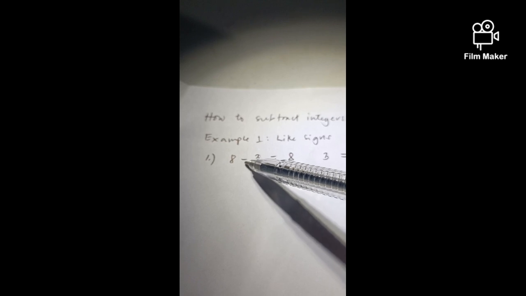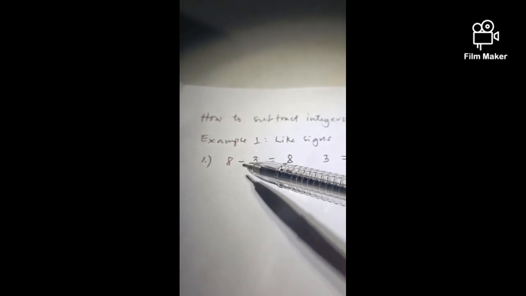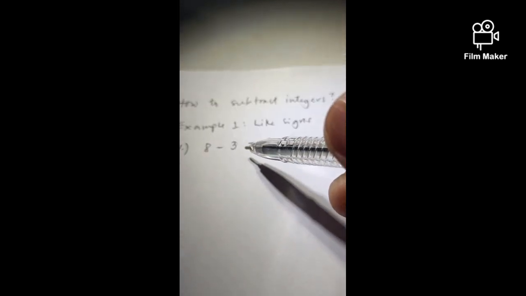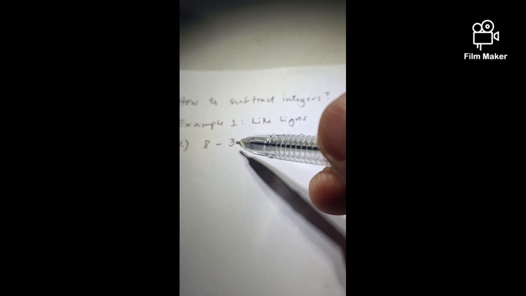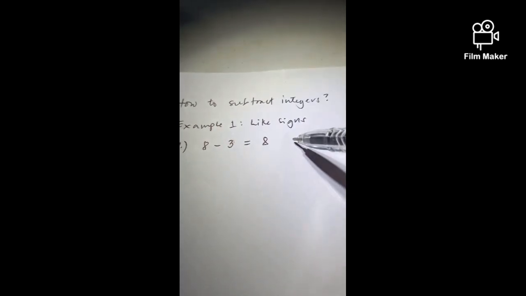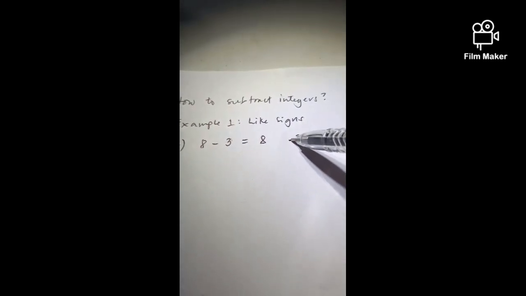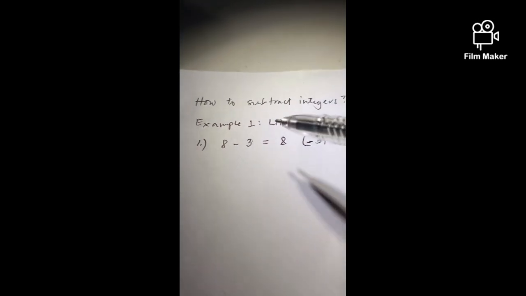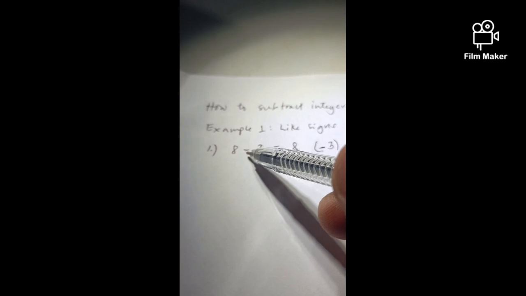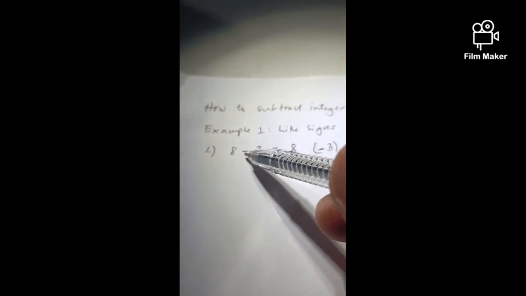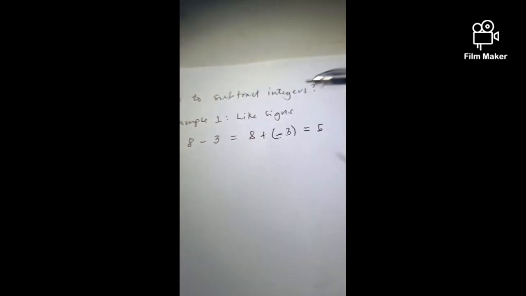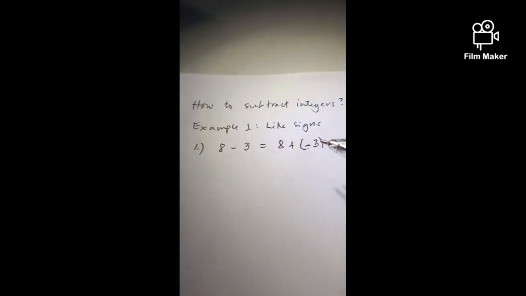And this one is the operation. So what we are going to do now is to change the sign of the subtrahend from being positive to being negative. Then we enclose it with parentheses. And then the operation, we change it from subtraction to addition.